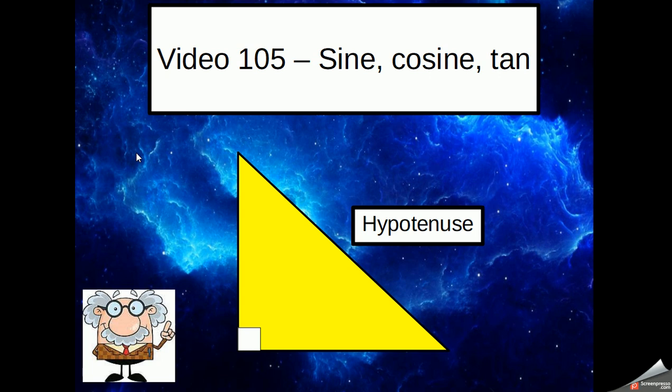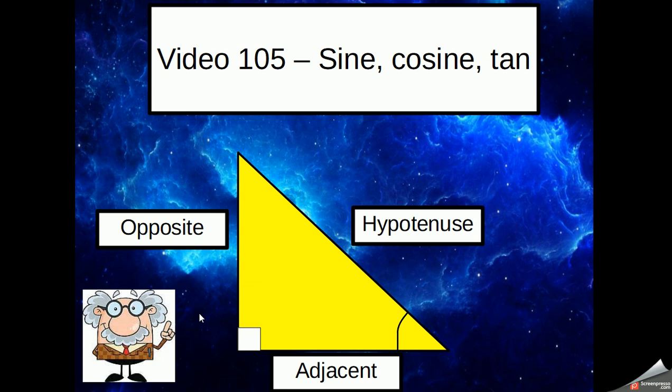So we've already mentioned that the slope inside of a right angle triangle is known as the hypotenuse. But in relation to sine, cosine and tan, we refer to the side that is opposite to the angle that we're working with, either because we're trying to find it or because we know it, as the opposite, unsurprisingly. And then the side that it's next to is known as the adjacent.